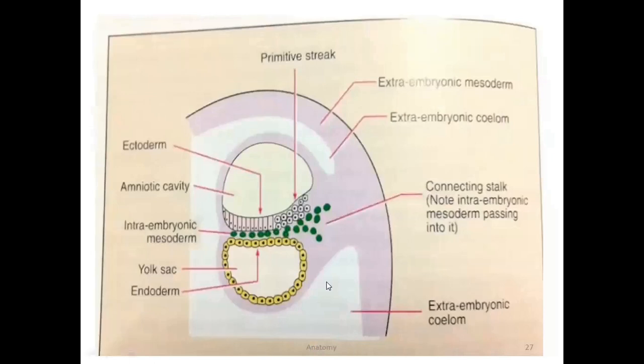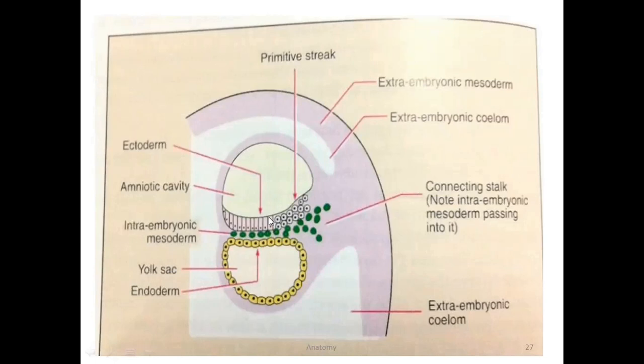Here, the sagittal section is taken along with the extraembryonic mesoderm, the developing embryonic disc. Again, you can see this is extraembryonic mesoderm, this is extraembryonic coelom. Due to that coelom, it is split into two parts, somatopleuric and splanchnopleuric, as we have seen. Already in the last lecture, we have seen the amniotic cavity, embryonic cells and all that. This is ectoderm.